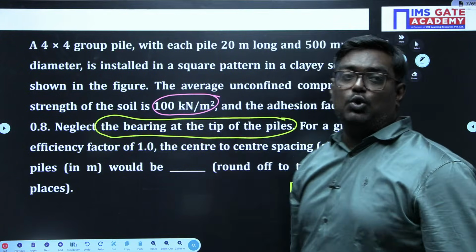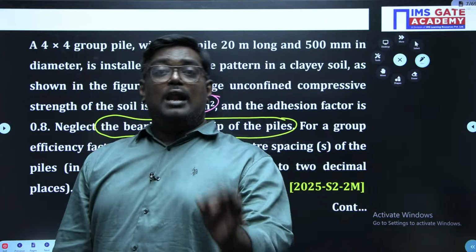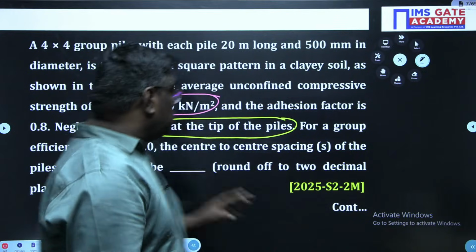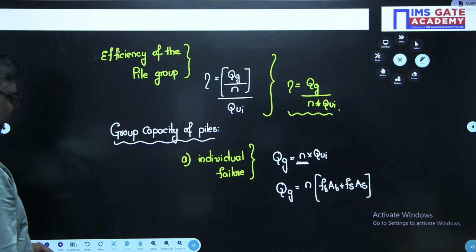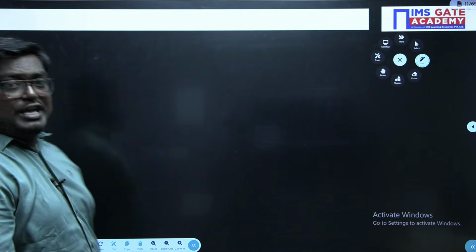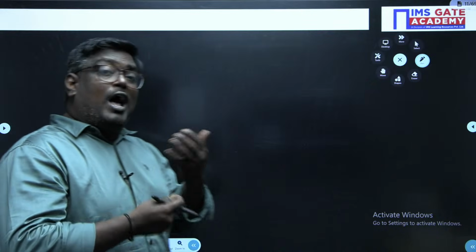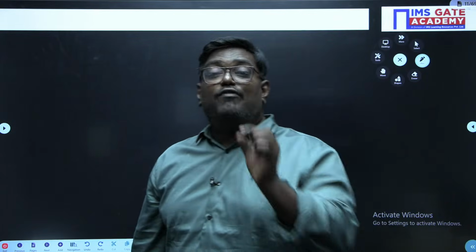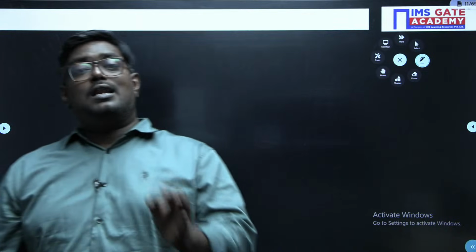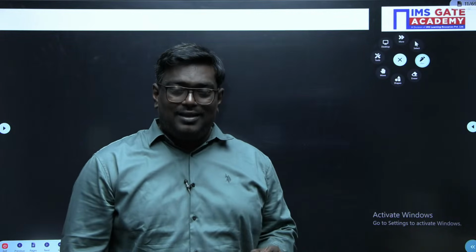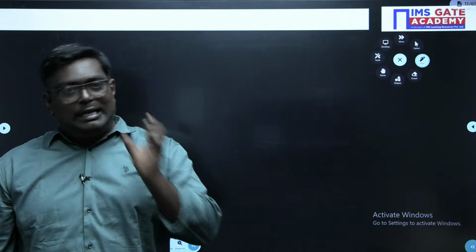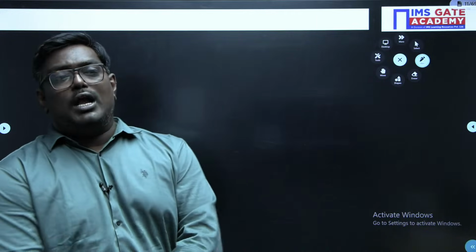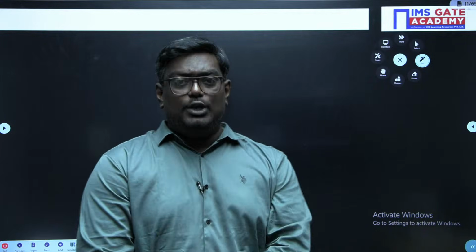In most of the questions, when the word unconfined compressive strength is given, you should know one concept here. Let me tell you that also. A soil is said to be in plastic equilibrium condition if all the soil particles are near to the failure plane.